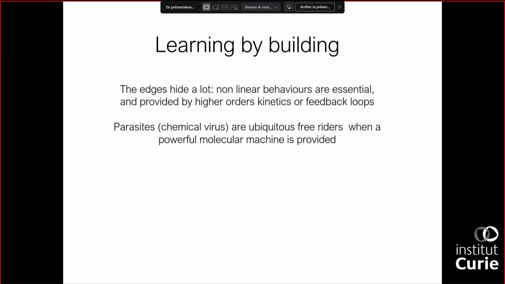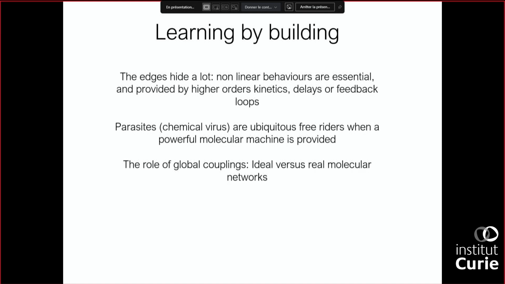And parasites also exist in biochemical systems. So some unknown compounds will emerge in your soup and hijack the machinery and the fuel to do their own stuff, which is replicating, and not the system that you want to build. So you have to be careful with that.